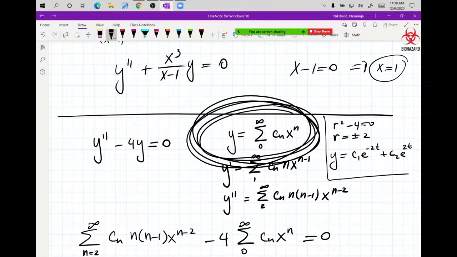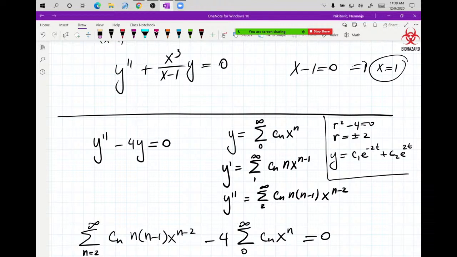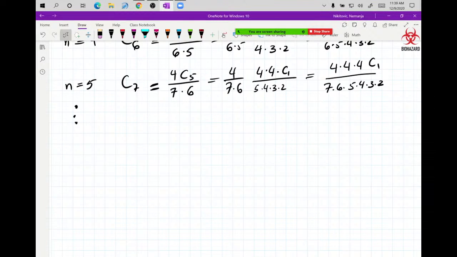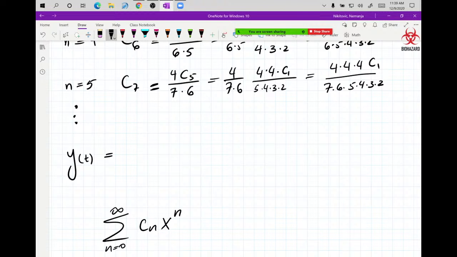So what I can do now is write out my solution using all of these C's. So my y of t is going to be, and now I'm going to compute my summation. Remember, my summation was n starts at 0 to infinity Cn x to the n.